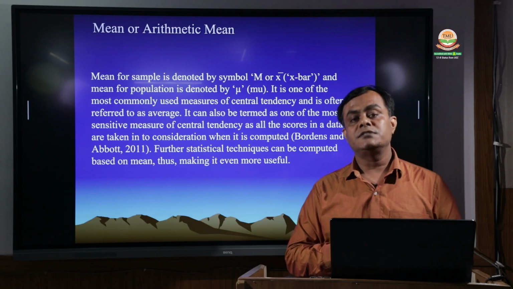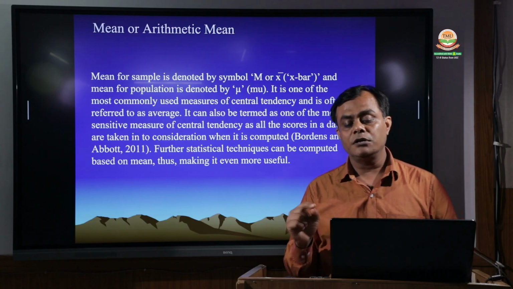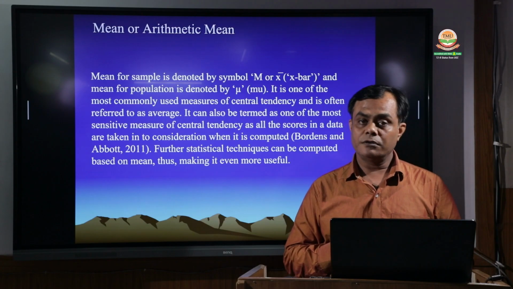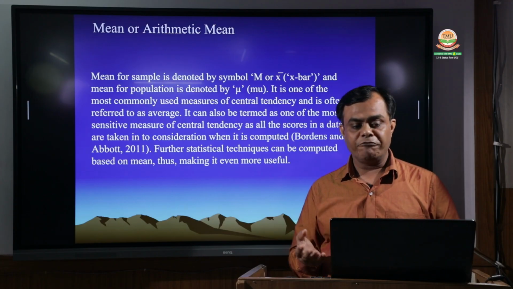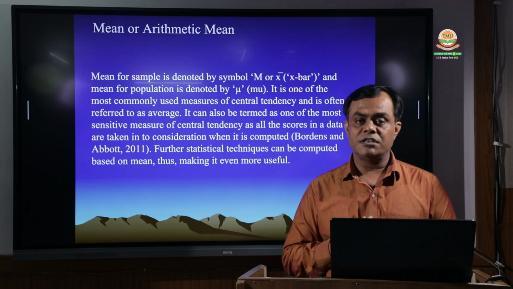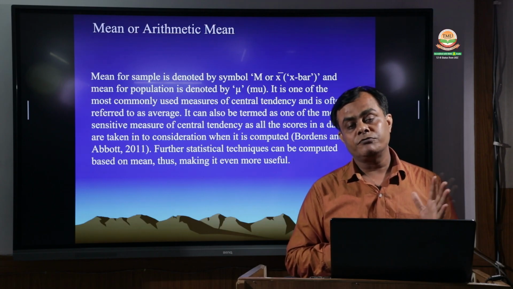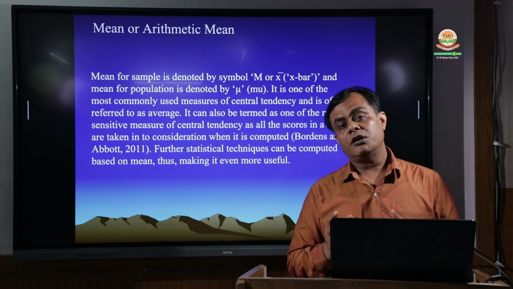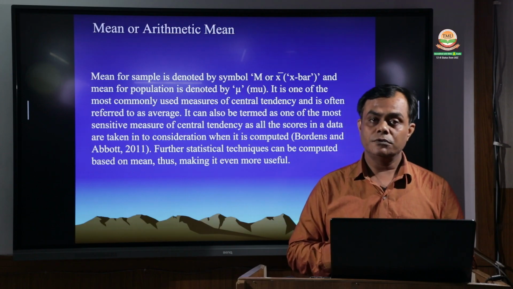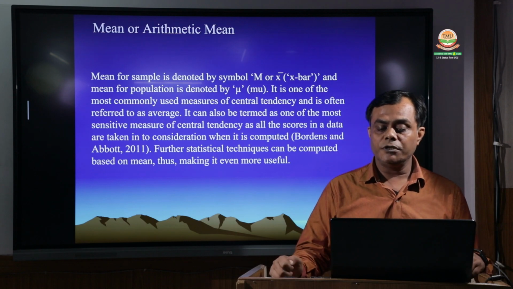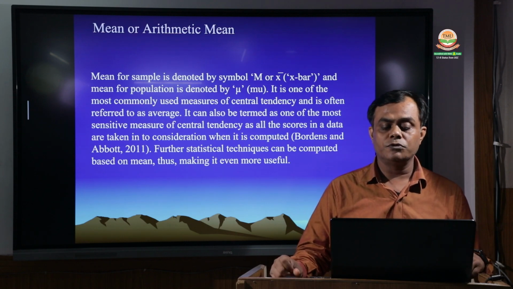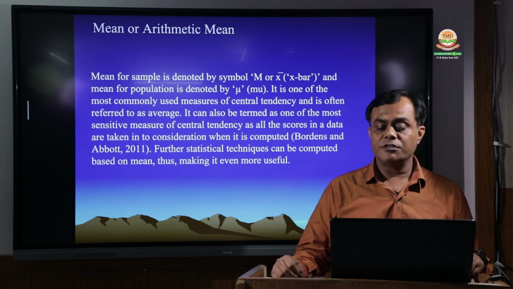X bar is the sample mean and mu is the population mean, but the arithmetic mean, average, or mean is the same nomenclature we use for both the population and the sample. It can also be termed as one of the most sensitive measurements.